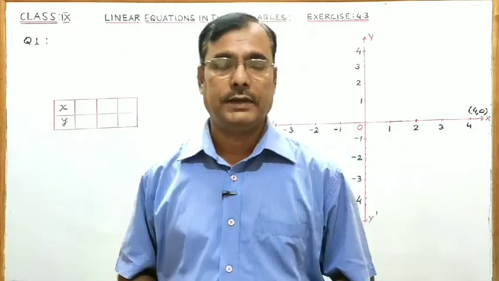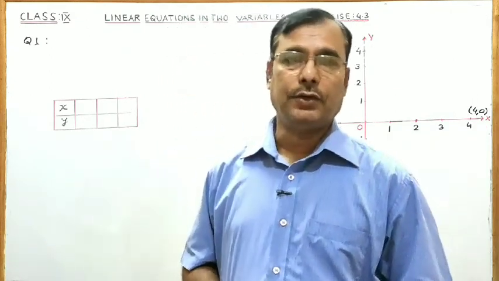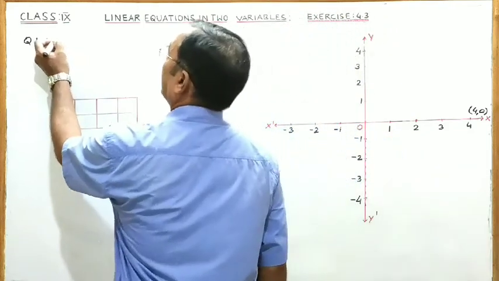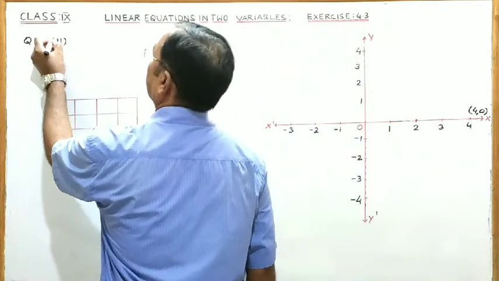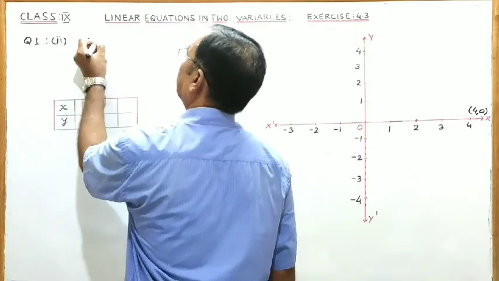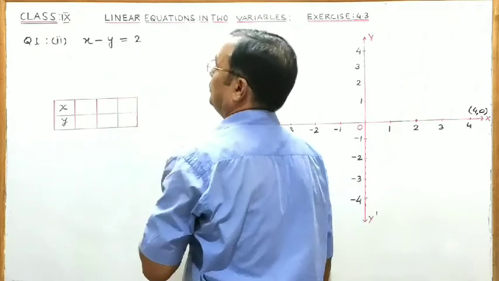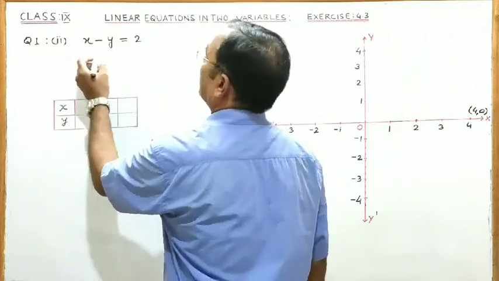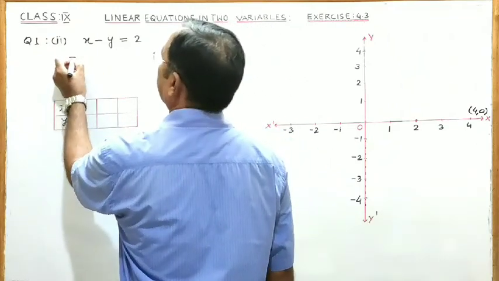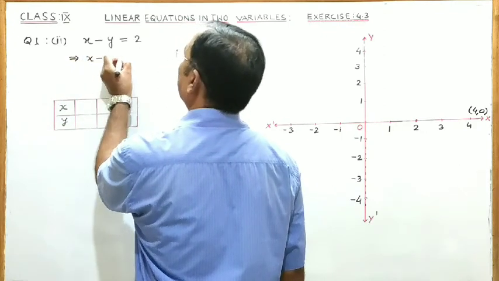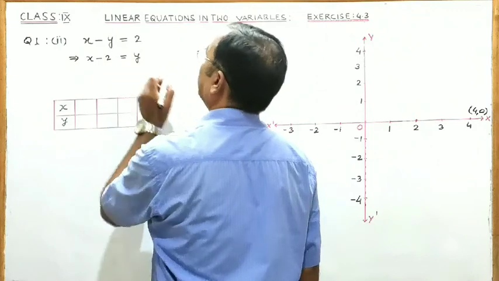Now second part. In this part, given linear equation is x minus y equal to 2, and we have to draw its graph. X minus y is equal to 2. Let us first write this equation as x minus 2 is equal to y.